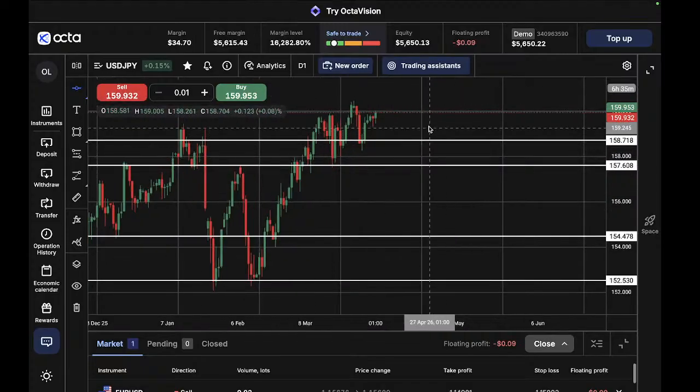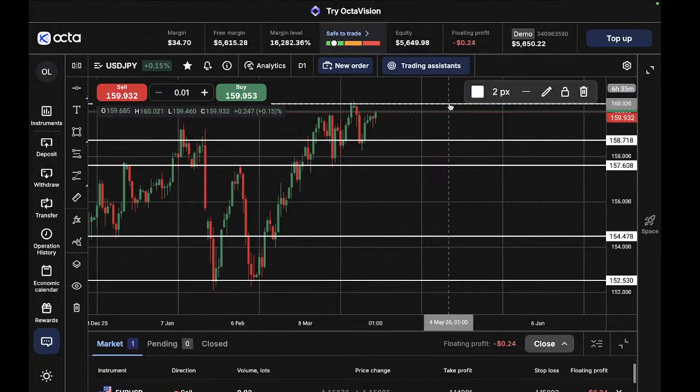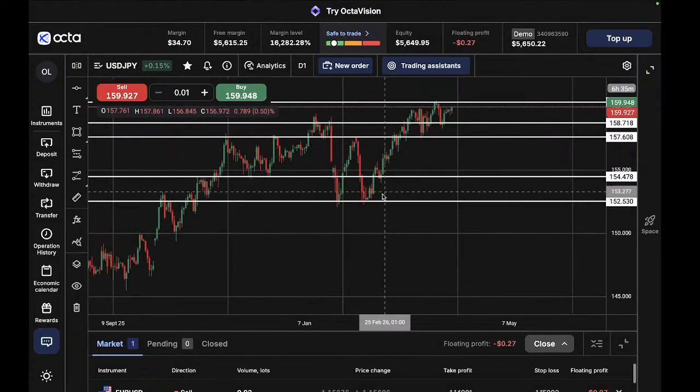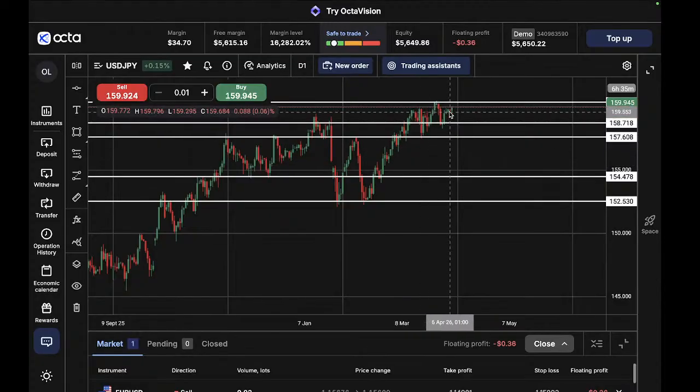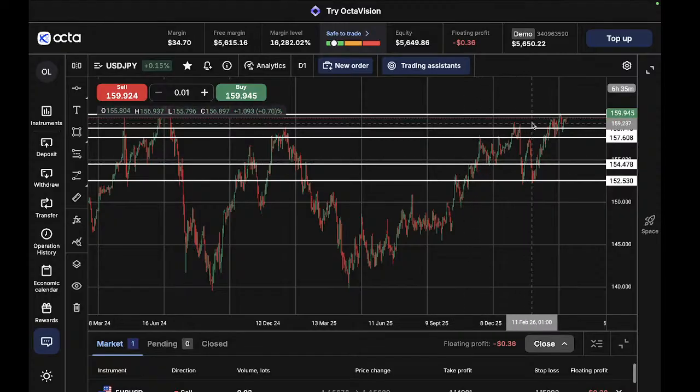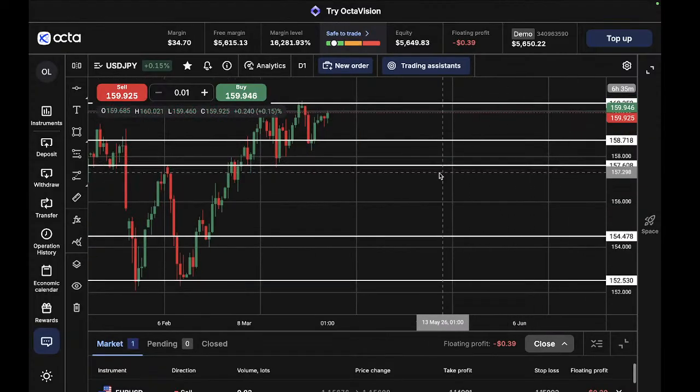Alright. We can see how price moved up, right? Now this is the higher time frame. Price went up, came down, went up, came down, went up.